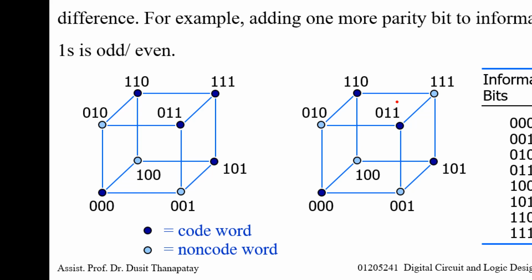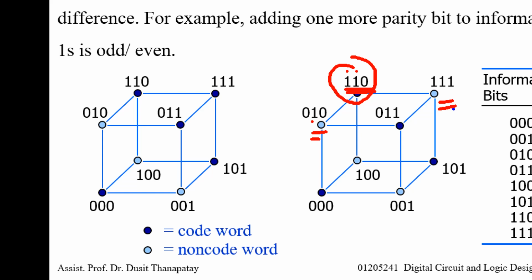This is the basic method. Note that in this code word there are two ones. If one bit changes, we may have only one or three ones. Namely, if the code word has an even number of logic 1s, when one bit changes, the non-code word must have an odd number of logic 1s.